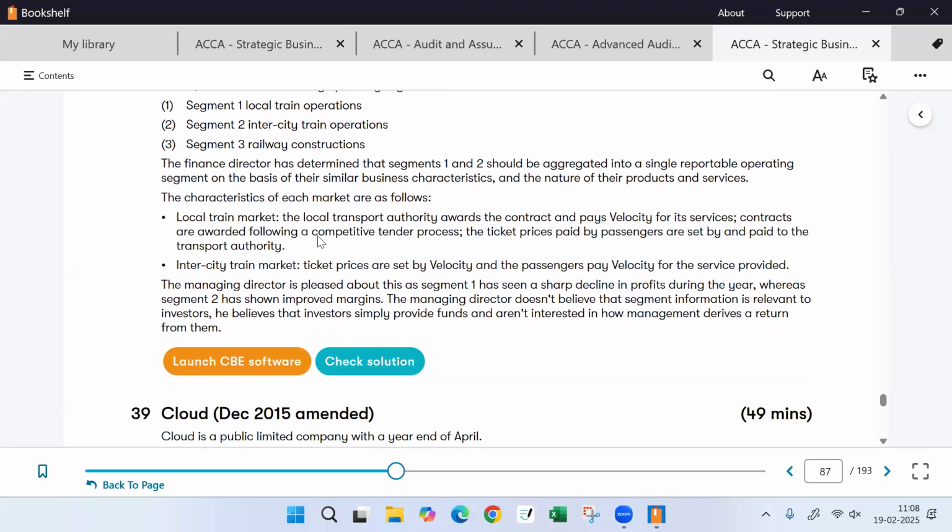Now, relevance to the investor analysis. What is happening over here? What is the managing director trying to do?